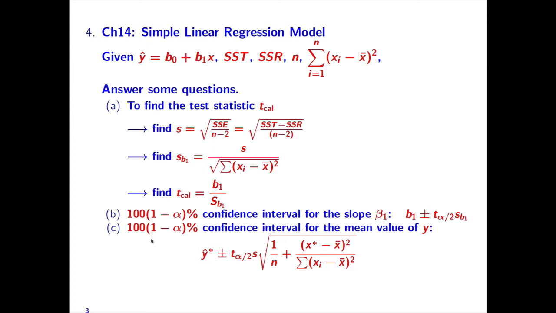And then this 100 times (1 minus alpha) percent confidence interval for the mean value of y is given by this equation: y hat star plus or minus the critical value times S, and again you can find S from this previous step, times the square root of 1 over n plus (x star minus x bar) squared over the sum of (xi minus x bar) squared. And this x star is a given value for the independent variable.